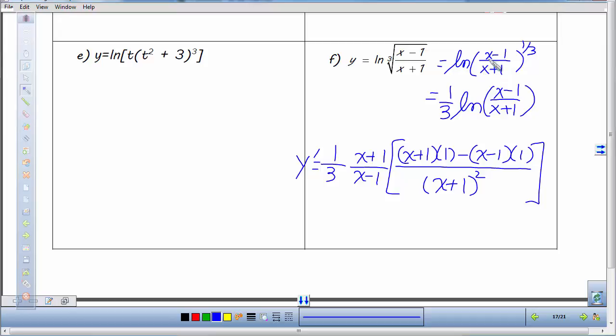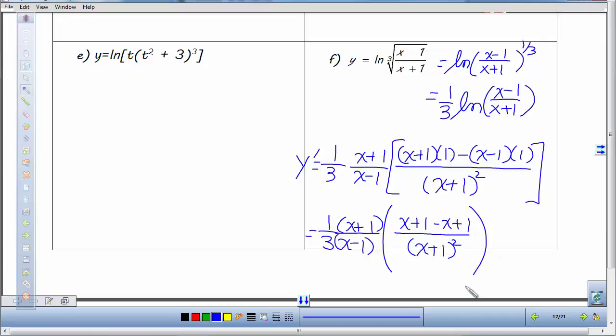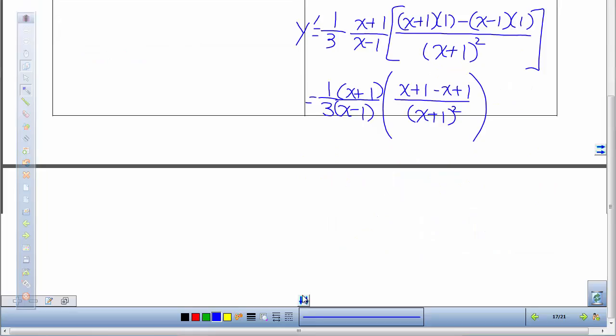All right, and so we clean this up some. 1/3 times x plus 1 over x minus 1, and this looks like it's going to be x plus 1 minus x plus 1 all over x plus 1 squared.